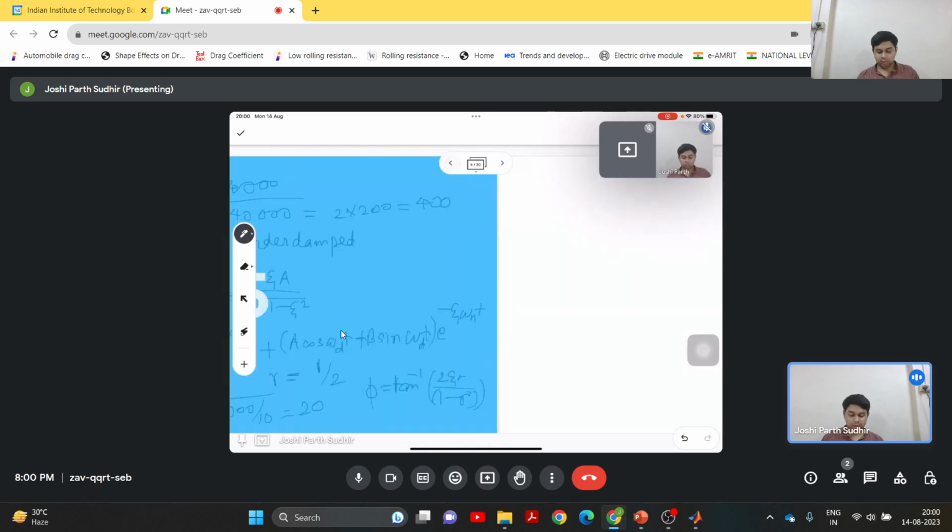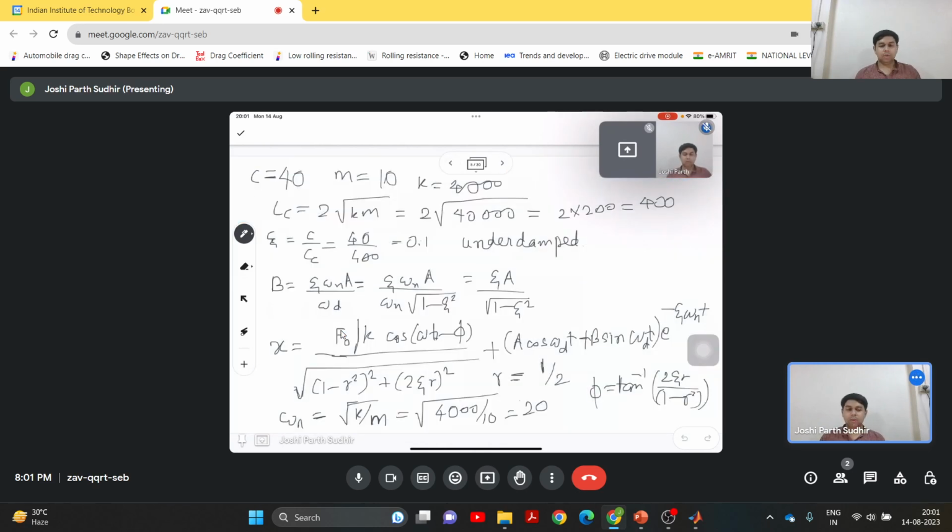So this is how we can calculate the phase difference phi and the steady state amplitude.